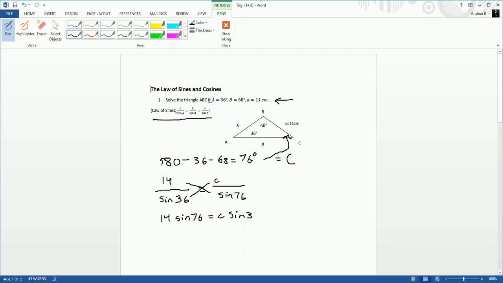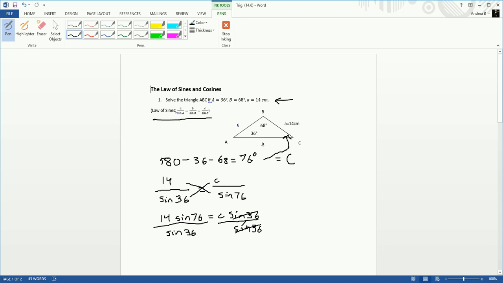And I put C in front in this case, so that way you don't get confused with what is with the C and what is with your sine function. So then we can divide both sides by the sine of 36 in order to cancel that part out. So the 36 is not by itself, it is attached with the sine function. So you can't do anything with the 36 by itself, you always have to have the sine with it.